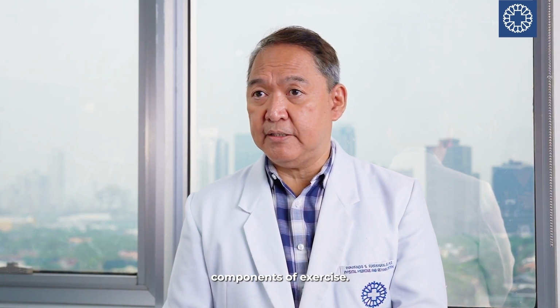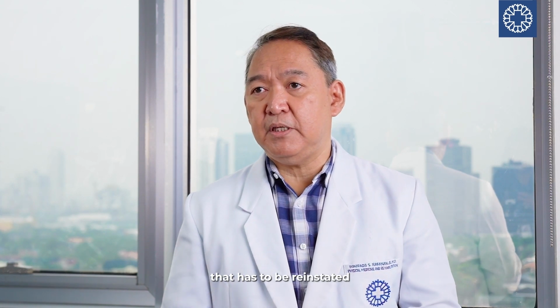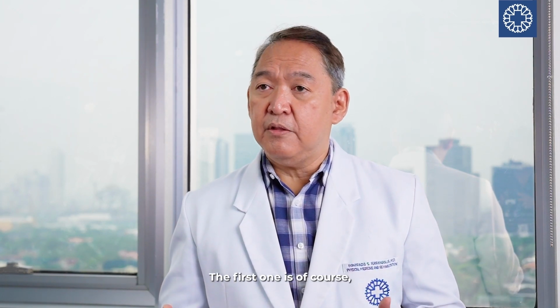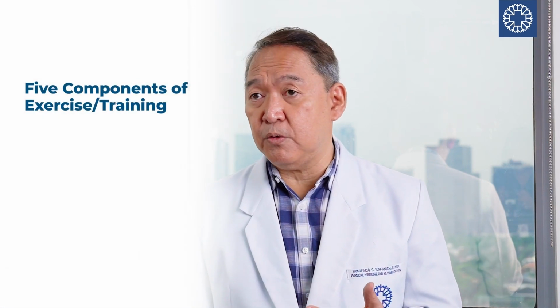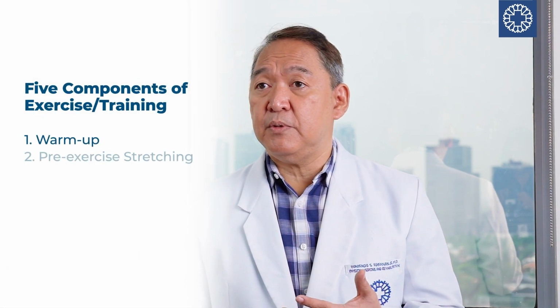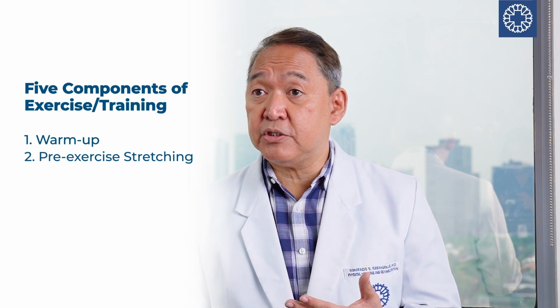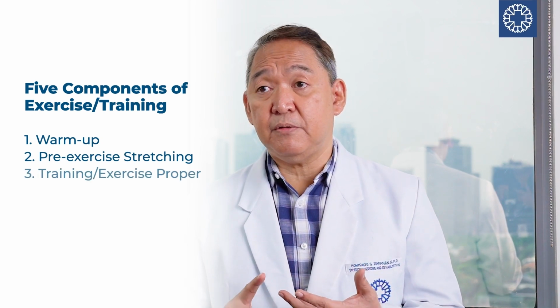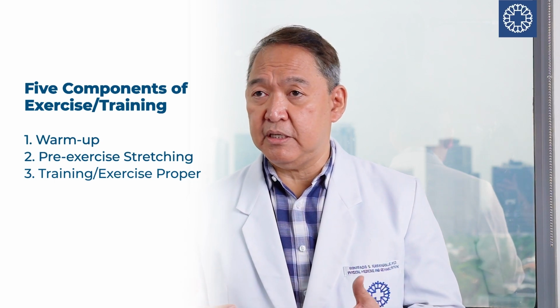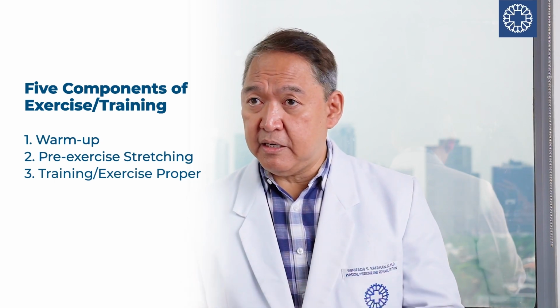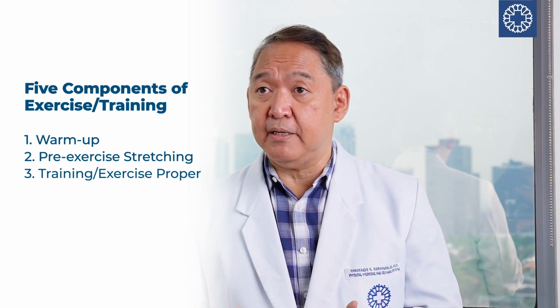In terms of the components of exercise, this is something that has to be reiterated among young athletes, because there are 5 components of an exercise program. The first one is, as you go through the exercise, what we call your warm-up. Second is your pre-exercise stretching. Third, that's the only time you can go about your regular activities, meaning your training, your games, or even simply your weight training.